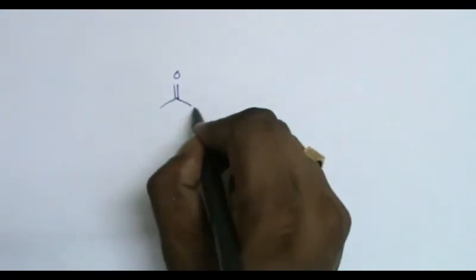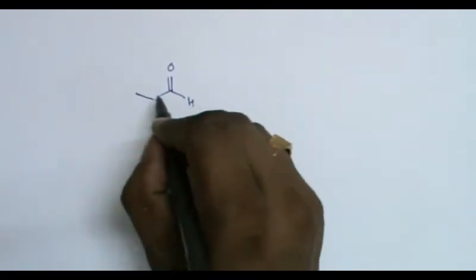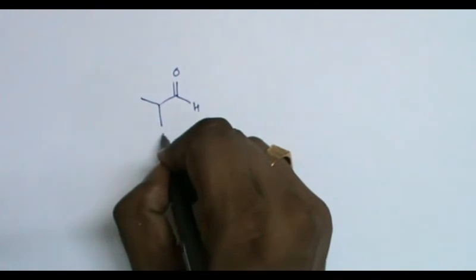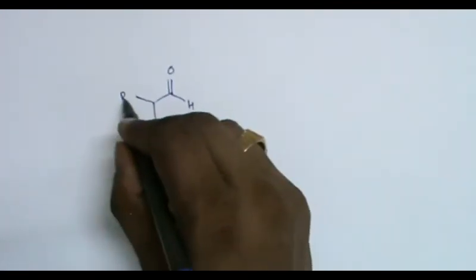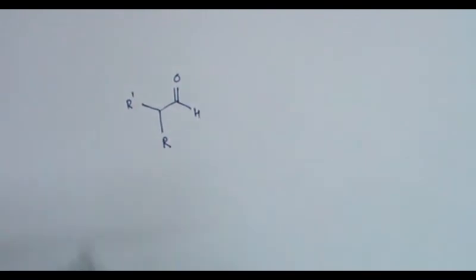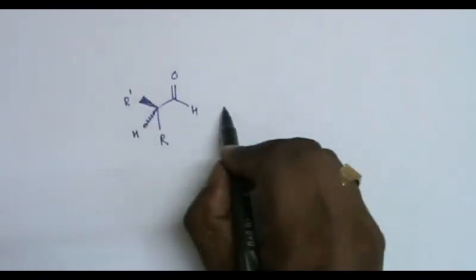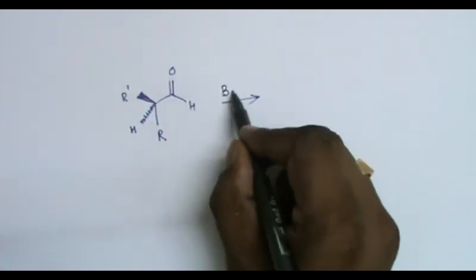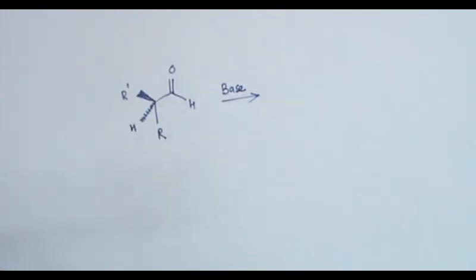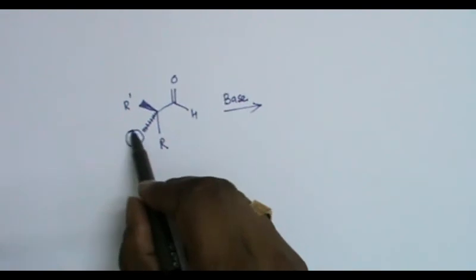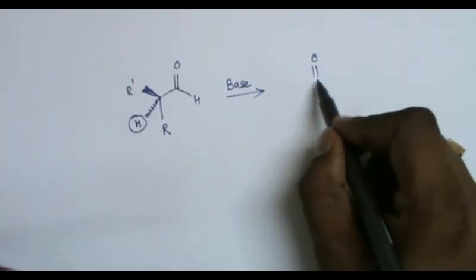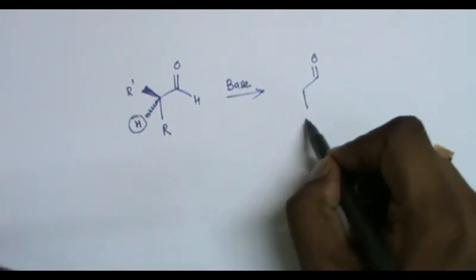Suppose you take an aldehyde like this, which has hydrogen. If you add a base to this, base can abstract this proton because it is acidic. After that, what we get is minus charge.